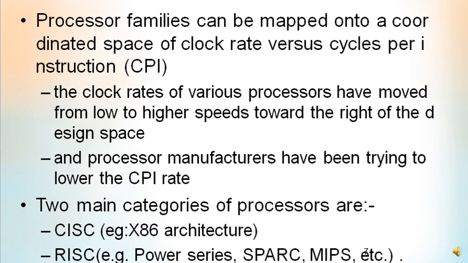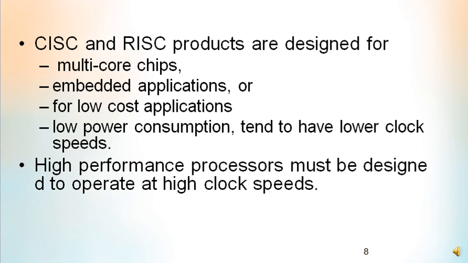There are two main categories of processors. The first one is CISC. An example for CISC is the x86 architecture. And the second one is RISC. Examples for RISC are the Power Series, SPARC, and MIPS architectures. Under both CISC and RISC categories, the products designed for multi-core chips, embedded applications, or for low cost and low power consumption tend to have lower clock speeds.